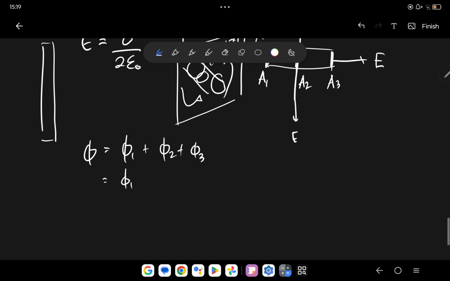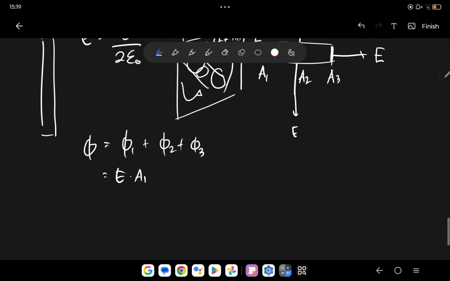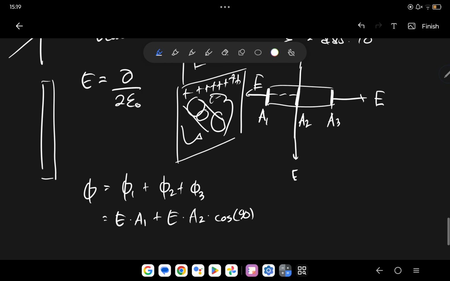And the first one will be equal to E multiplied by A1, and this is already perpendicular, so it's fine. And the second will be E multiplied by A2 multiplied by cosine of 90, because this is not even close to being perpendicular.